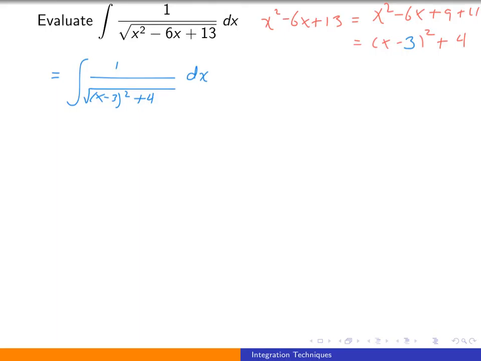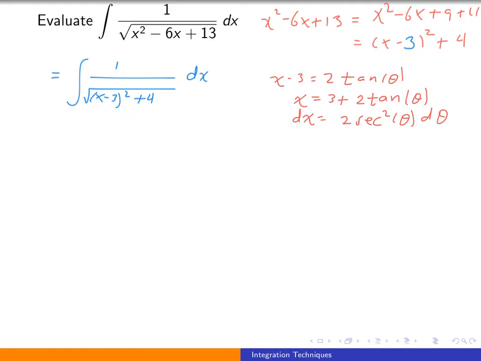And I want to take that x minus 3, and ideally I would like that to be my substitution. So in this case, something squared plus 4, so the substitution will be 2 tangent theta. So x minus 3 is 2 tangent theta, so that x is 3 plus 2 tangent theta, and dx becomes 2 secant squared theta d theta.